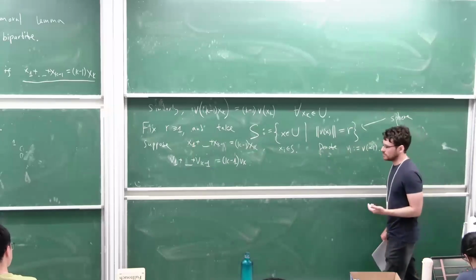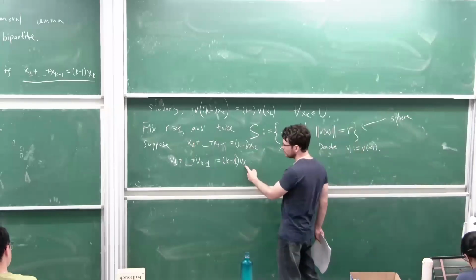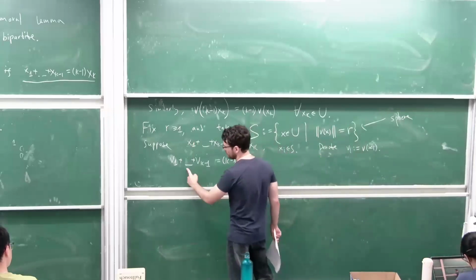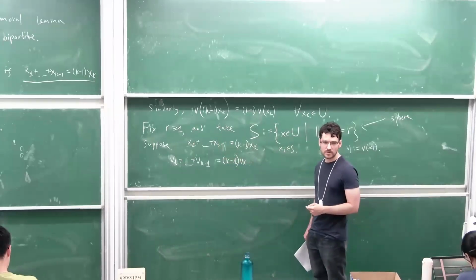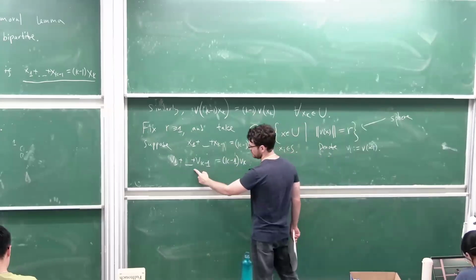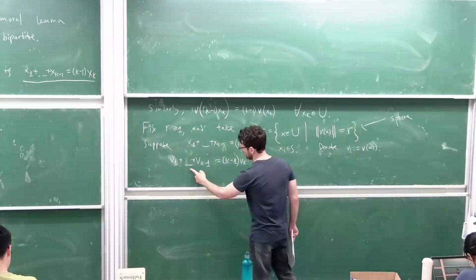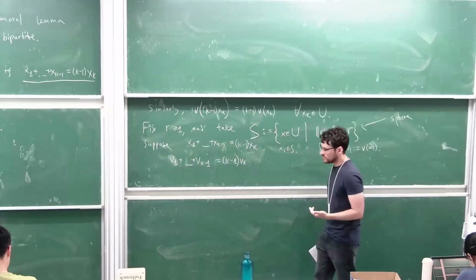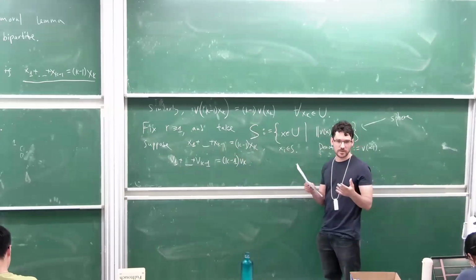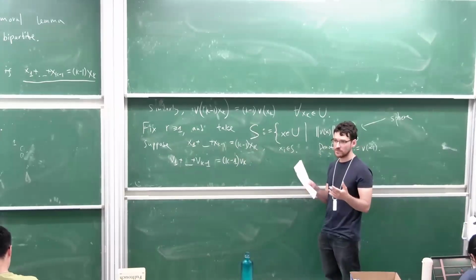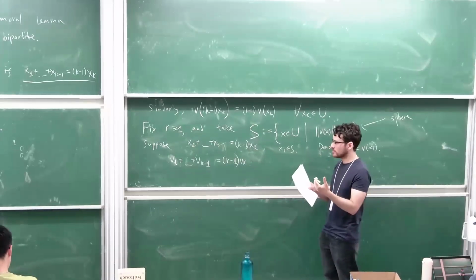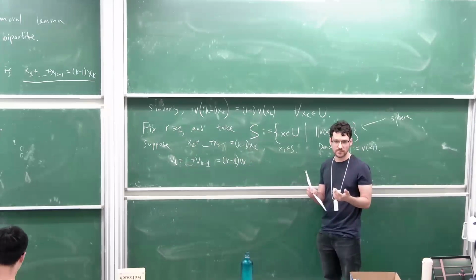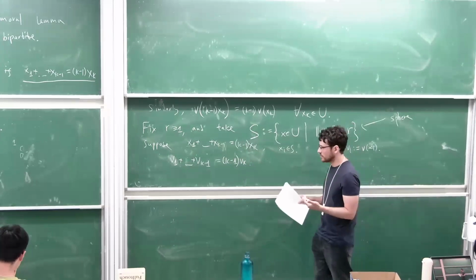But observe that this means that vk is in the convex hull of these vectors. Actually it's their average. So it's in their convex hull. But on a sphere, this is impossible, right? You cannot take k minus 1 points on a sphere and take their average or anything in their convex hull and still be on the sphere. Okay, so that's why we are taking it.